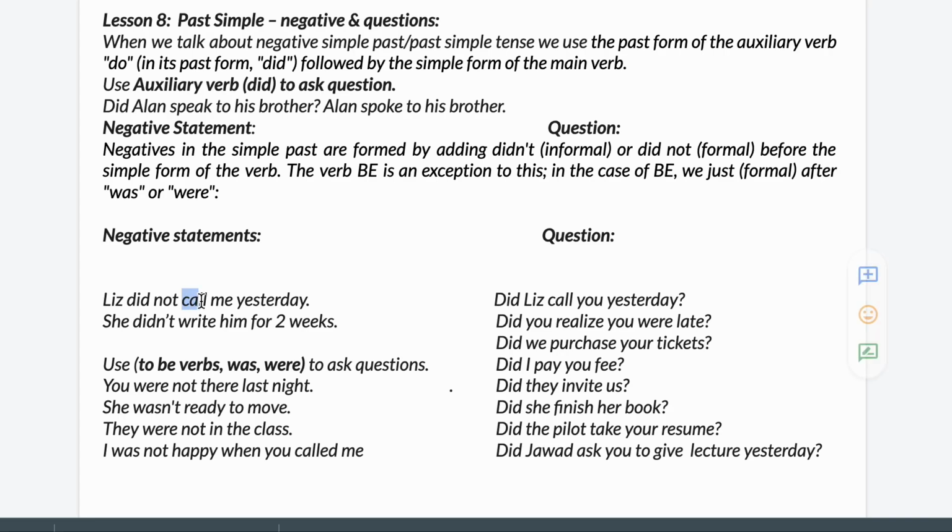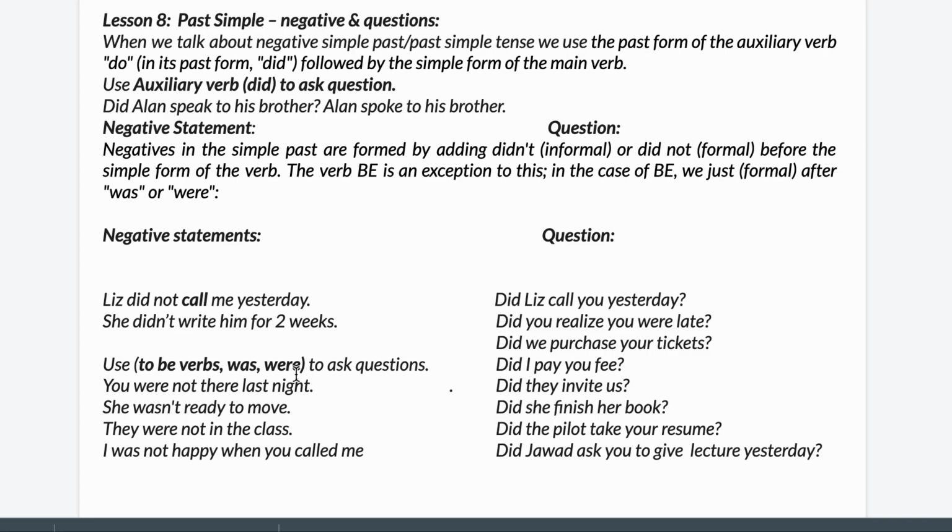Call is our verb, and it's in its regular form. She didn't write him for 2 weeks. Didn't is negative. Here I use the formal way, which is did not, and here I've used didn't, which is informal. Write is the first form of the verb.